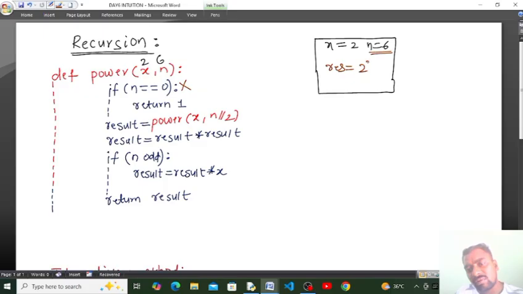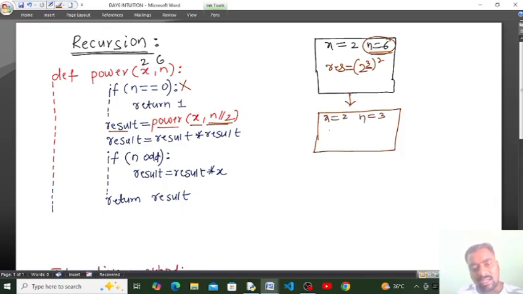You can write it like 2 power of 3 whole square. So this power you have to make into half, that is 2 power of 3. So again, the result is equal to power of x, same only, but the power I am making into half. For the next step, my x is same only, but n will become half.